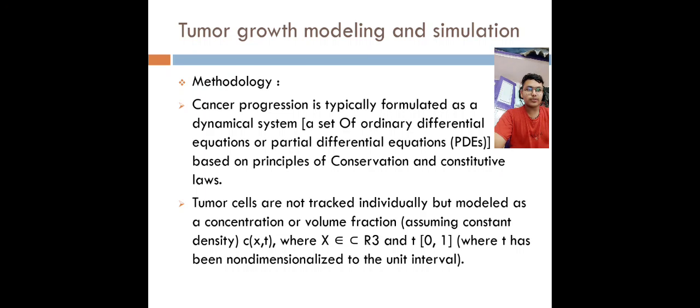Methodology. Cancer progression is typically formulated as a dynamical system, a set of ordinary differential equations or partial differential equations based on principles of conservation and constitutive laws. Tumor cells are not tracked individually but modeled as a concentration or volume fraction.